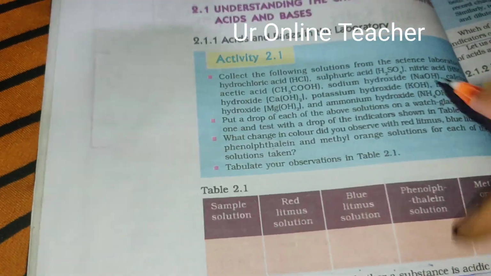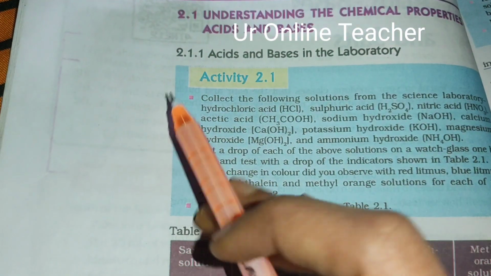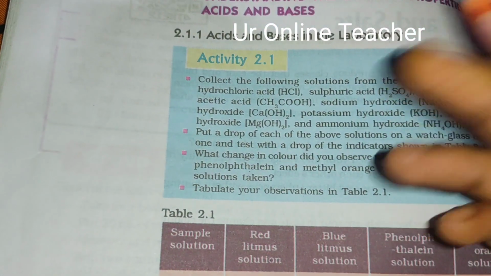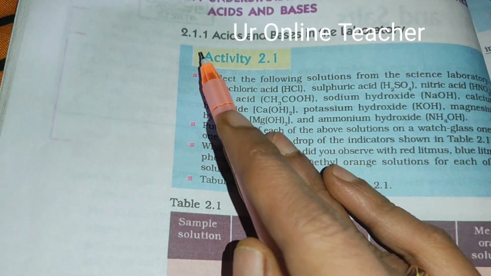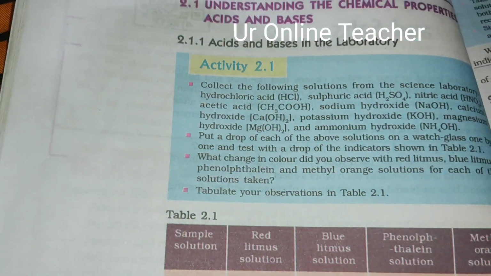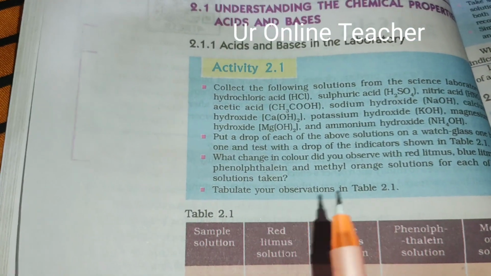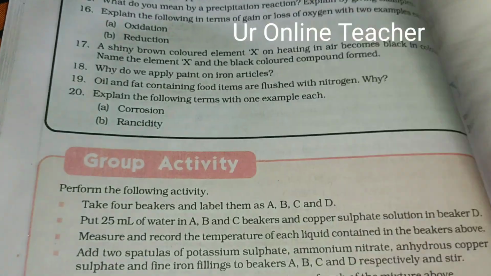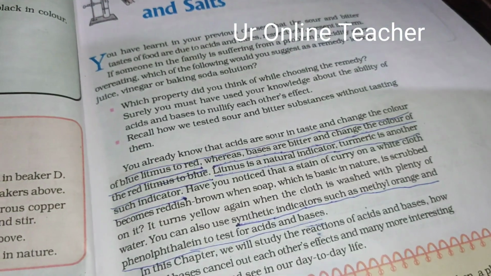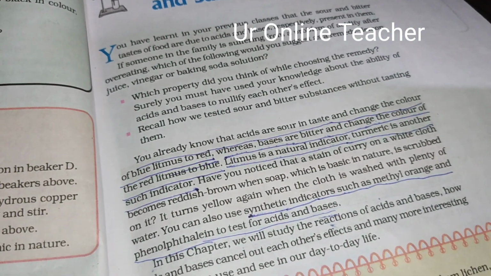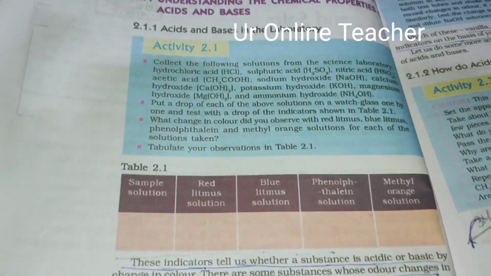Then how will we understand the chemical properties of acids and bases? I already told you that acids are sour in taste and will convert blue litmus to red, and bases are bitter in taste and convert red litmus to blue.